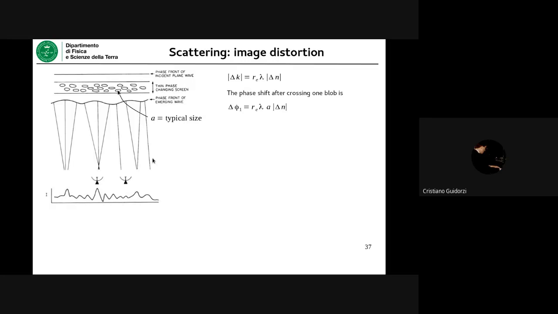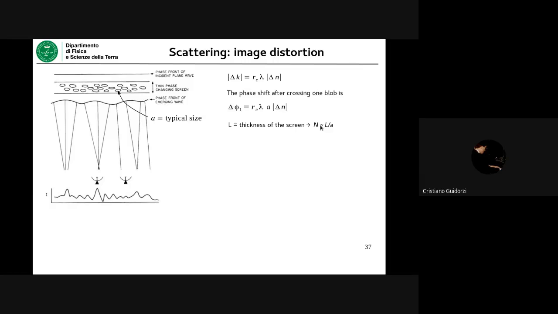In particular, if we call L the overall thickness, so this height here, the overall thickness of this screen, this medium, you can imagine more or less that if you neglect the spaces in between the different blobs, so just imagine they are all packed close to one another, the average number of blobs that a generic ray will encounter while crossing this screen will be more or less the total thickness over the size of a single blob, L over a, about equal.